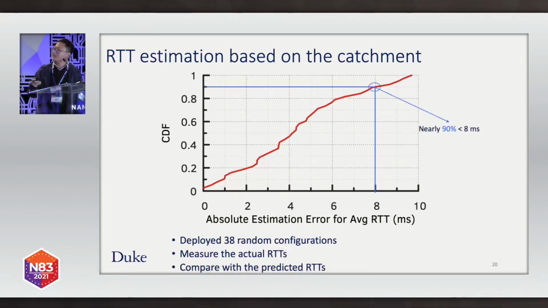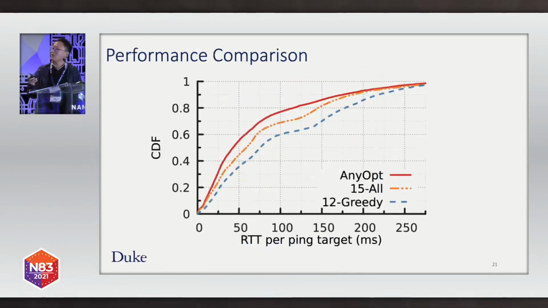Then we see that nearly 90% of all the random configurations have an absolute estimation error of less than 8 milliseconds. We also compare the performance with the optimal configuration we got from the offline optimization process. AnyOpt is the optimal configuration we got from the offline explicit enumeration.